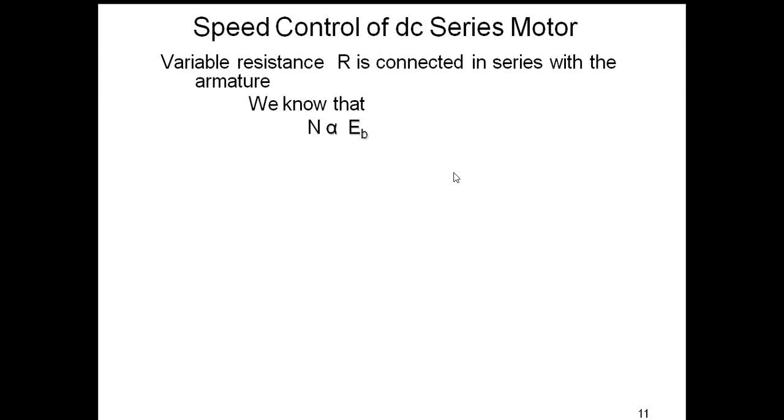Except N, keeping all other terms constant, EB will be directly proportional to speed N, and we know that EB is equal to V minus IA RA.